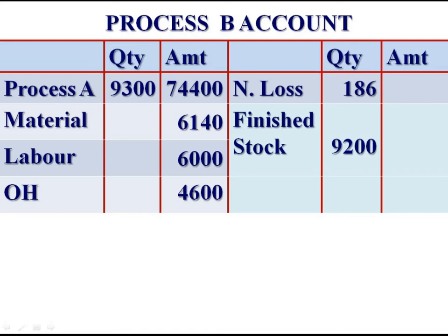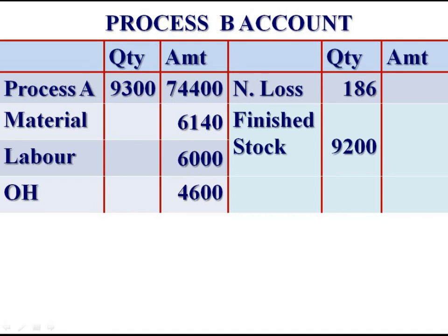In debit side, the total of quantity column is 9,300 and in credit side it is 186 plus 9,200, 9,386.